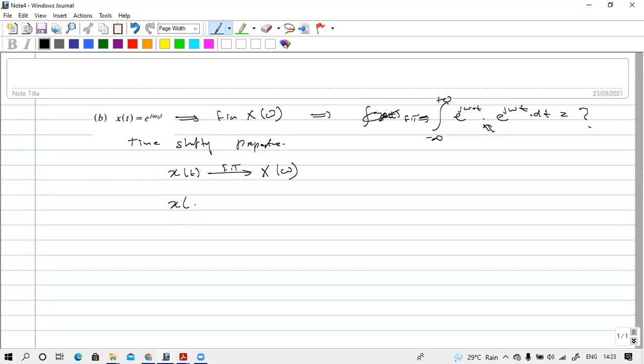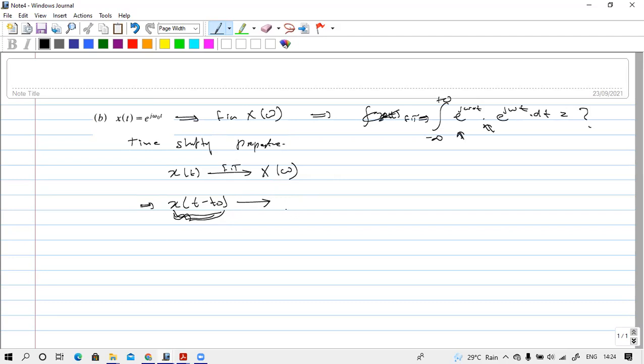If we get the shifted time signal by t naught, you will get the Fourier transform of this shifted signal. So you need not go through the principal approach to evaluate the Fourier transform of this signal. You can directly get it using the time shifting property.